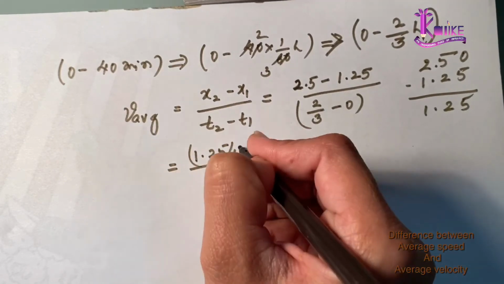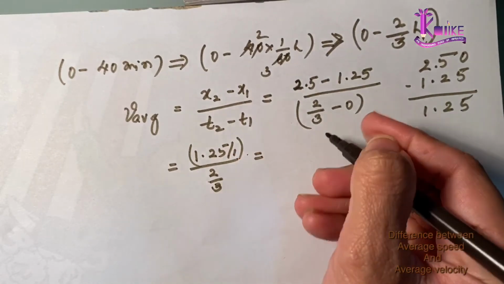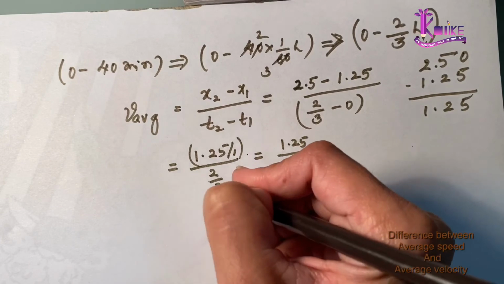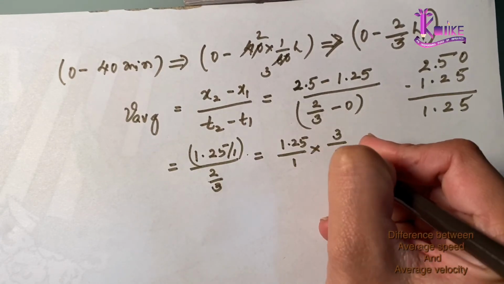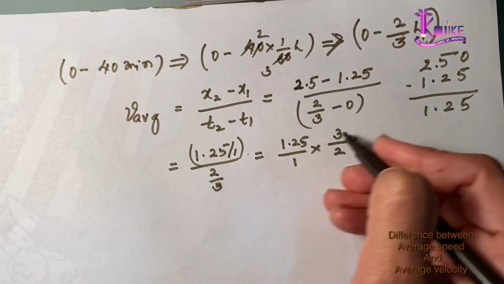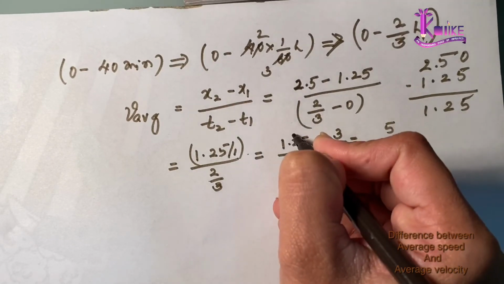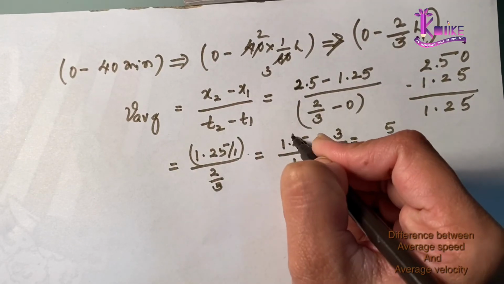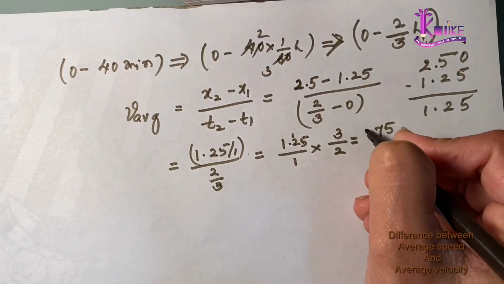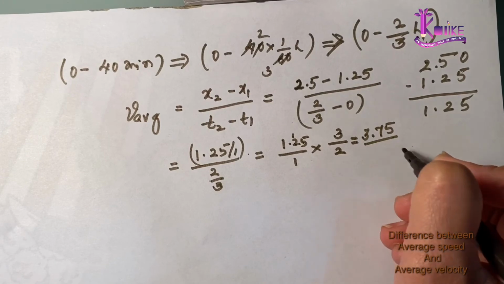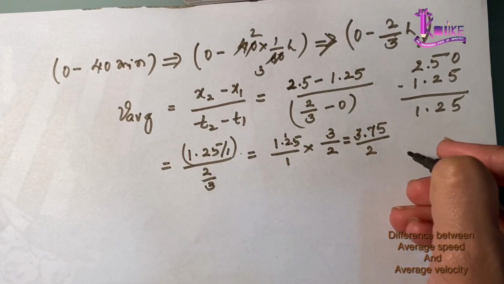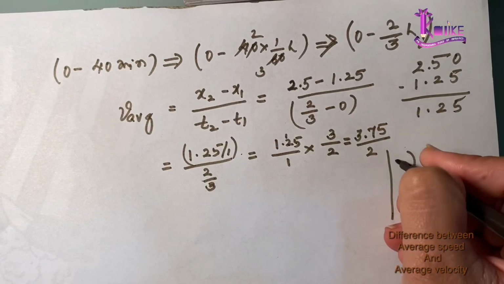1.25 divided by 1, this can be written as such. So this is nothing but 1.25 divided by 1. So this goes to the numerator, that will be 3 by 2. Now just multiply. 3 into 5 is 15. So 1 carry, 3 2s are 6 plus 1 is 7. Keep a decimal point, 3 1s are 3. So it is 3.75 divided by 2. Now you can divide the same and see how much it is.